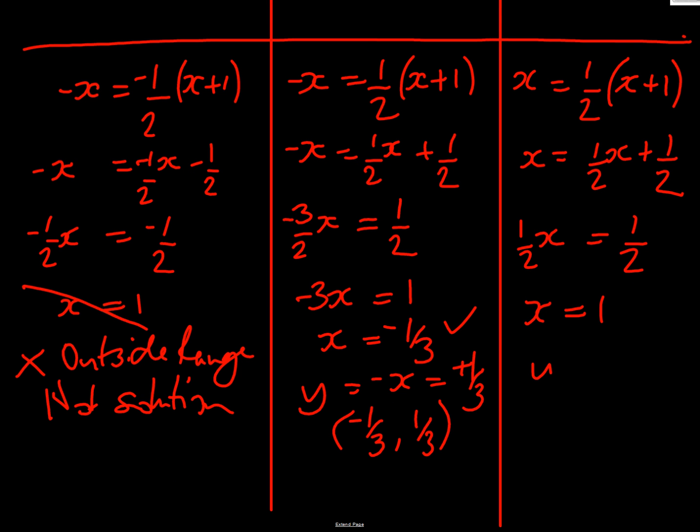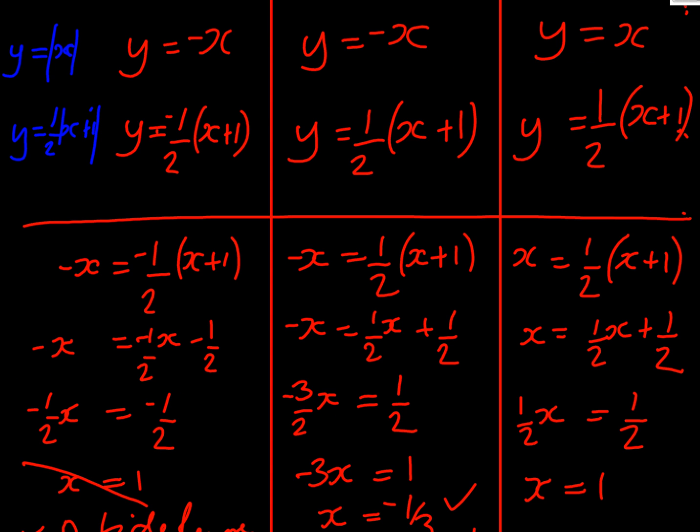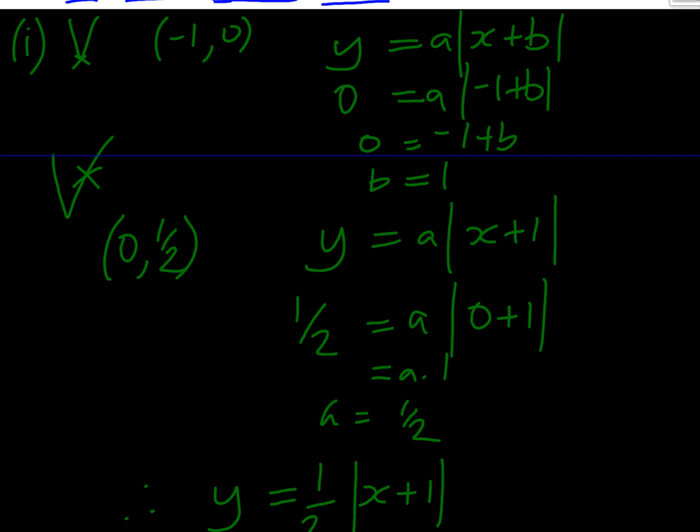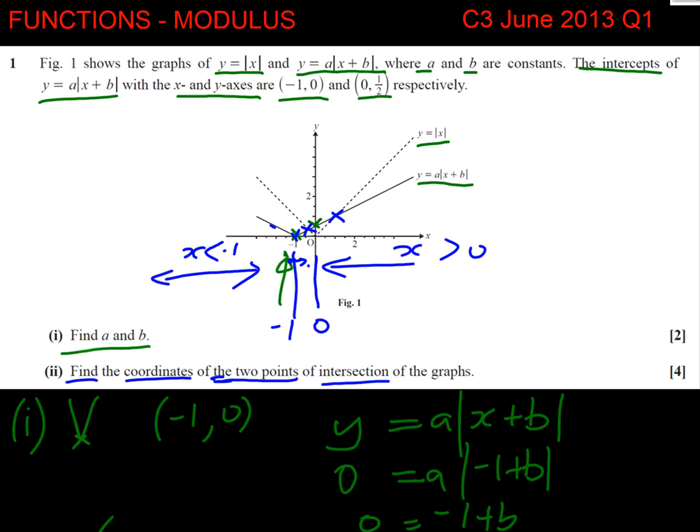And also y equals x from our first equation up here. Yeah, y equals x, and therefore it will equal 1. So our point here is 1 and 1. And if we want to, we could just go back up and check on the screen. That makes sense, doesn't it?